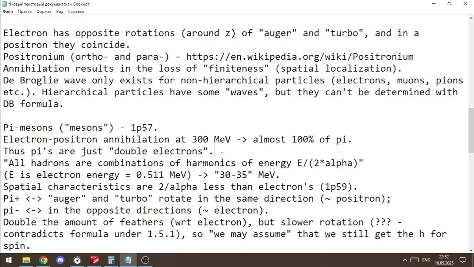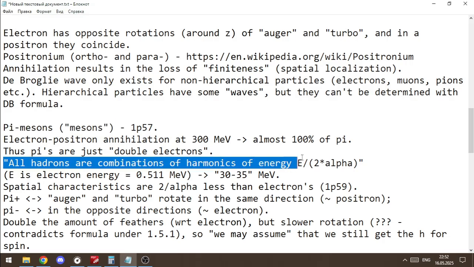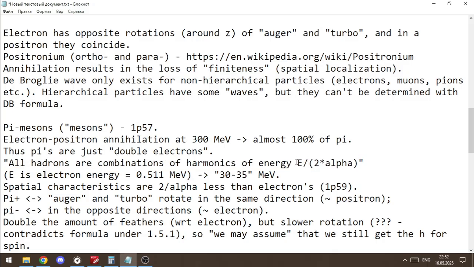And all hadrons, according to Burtaev, are combinations of these harmonics with the energy of E being the electron energy divided by 2 times alpha, okay? So this is basically one feather. This is the energy of one feather. So you divide electron by 2, you get 1 feather instead of 2, and you also divide it by alpha to get into hadronic sector from the electron sector. I hope it makes some sense for you, okay?